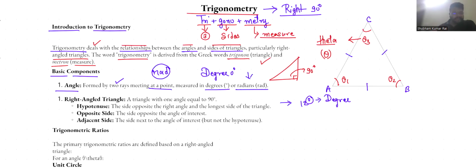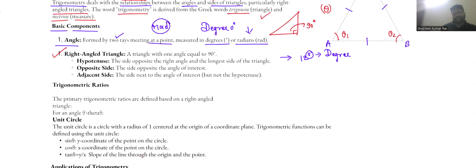Now, the next thing that we are going to discuss is right angle triangle. So let's have a construction first that will be more feasible for us to understand the concept, right? So as you can see, let me draw a right angle triangle. Now here you can see that if I just have a right angle triangle like this, let us name it as PQR.